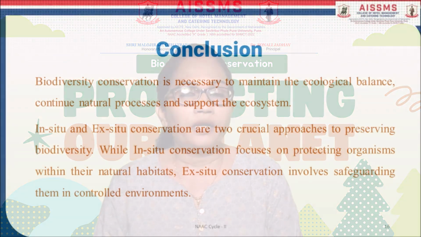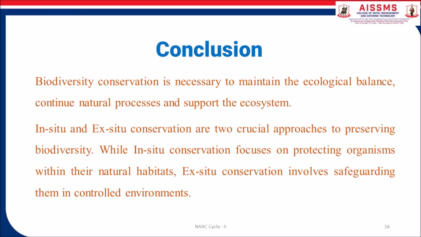Now let us conclude this session by understanding this. Biodiversity conservation is necessary to maintain the ecological balance, continue natural processes and support the ecosystem. In situ and ex situ conservation are two crucial approaches to preserving biodiversity.